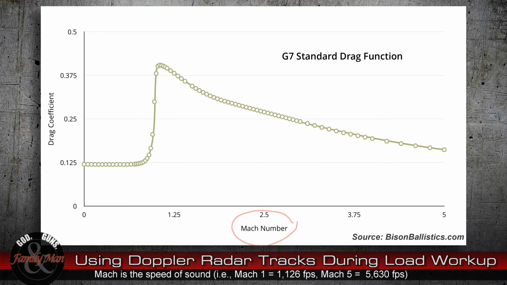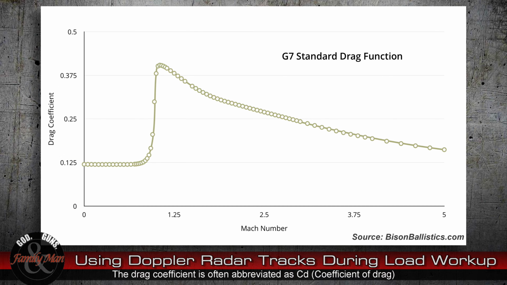Along the x-axis, we have the bullet's velocity. Notice it's normally given in Mach, and also understand that the fastest velocity, essentially the muzzle velocity, is all the way on the right side, and the terminal velocity is on the left side. Drag, or the drag coefficient, is on the y.